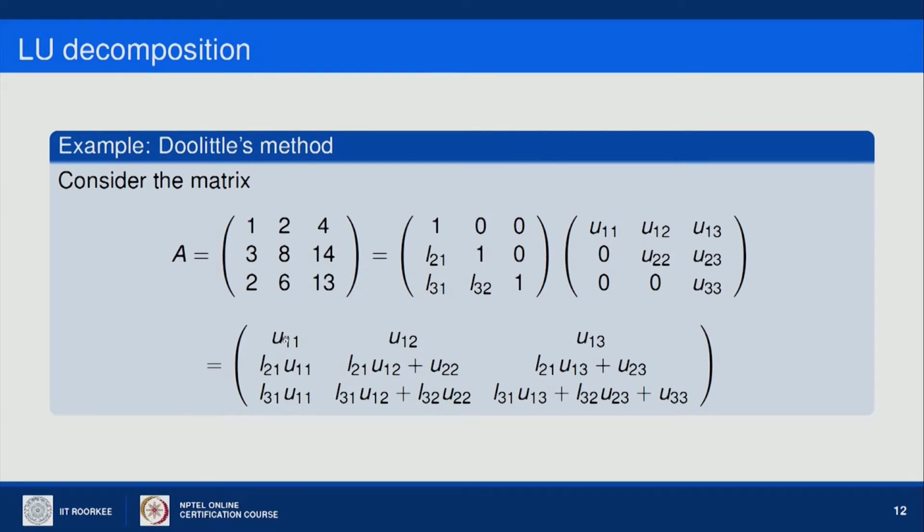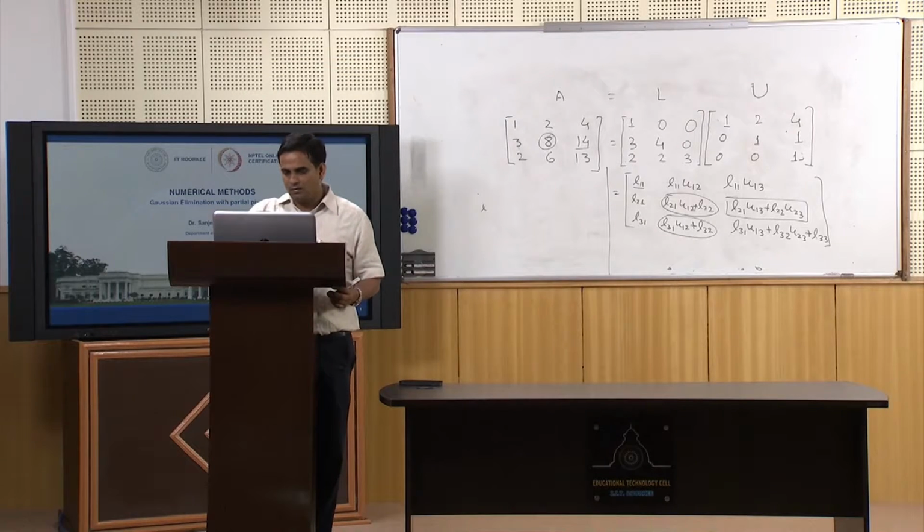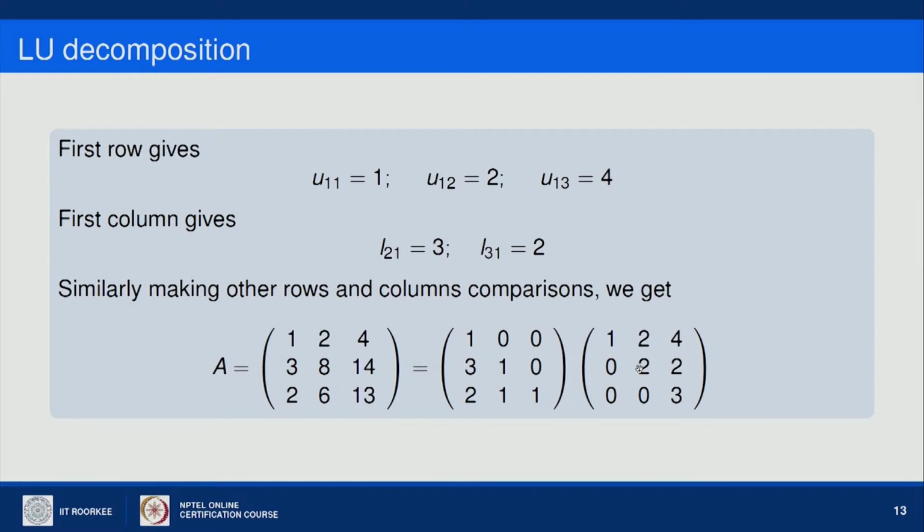So as you can see, U11 will be 1, U12 will be 2, U13 will be 4. So this is coming from the first row. Similarly, first column gives me L21 equals 3 and L31 equals 2. Similarly, making the other comparisons, I will be able to decompose the matrix A, which is the same matrix as I have taken in Crout's method, equals the product of these two matrices.